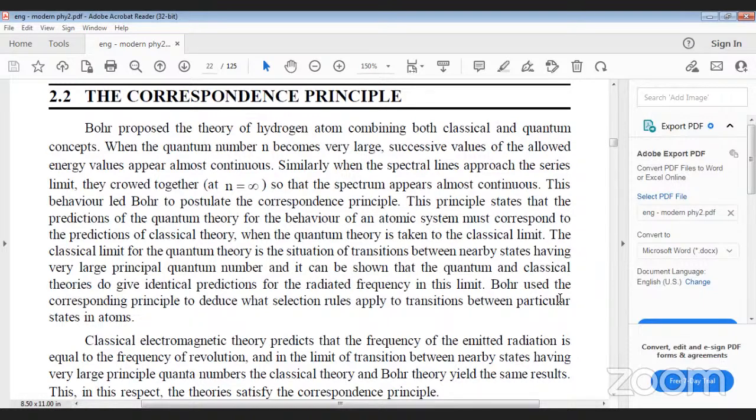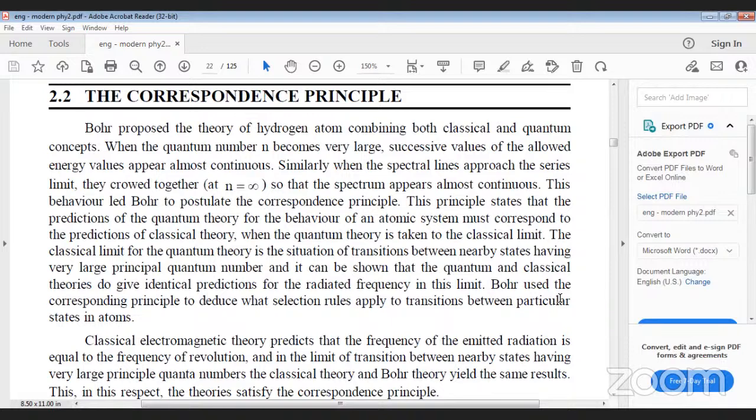This led to Bohr's postulate of the correspondence principle, which states that the predictions of quantum theory for the behavior of an atomic system correspond to the predictions of classical theory.